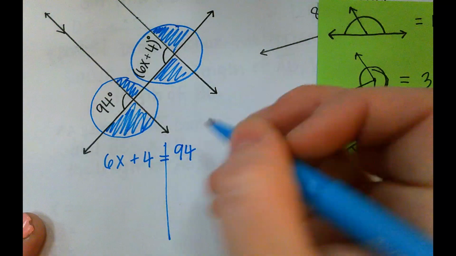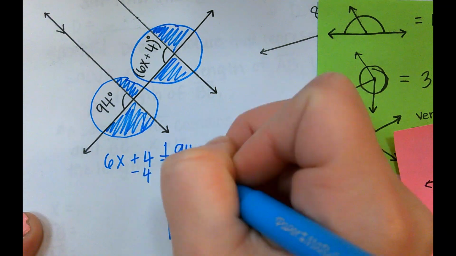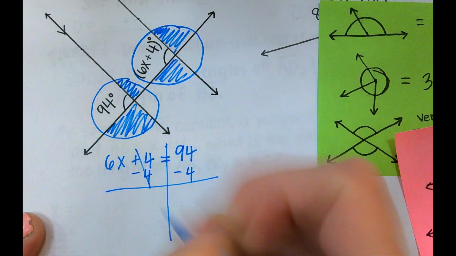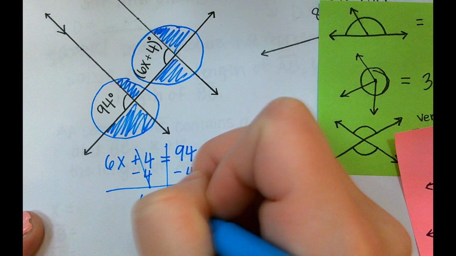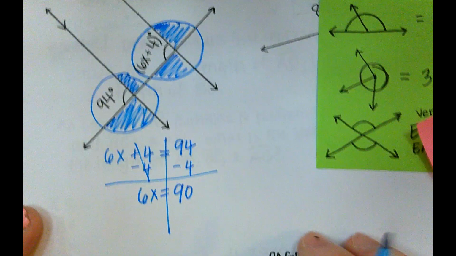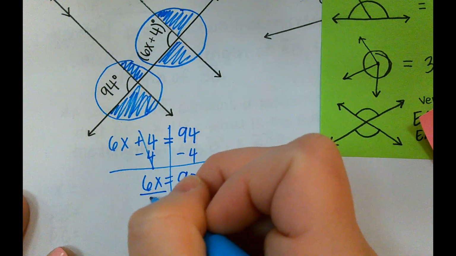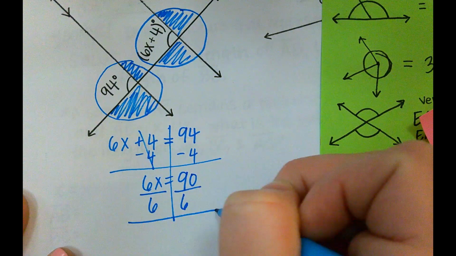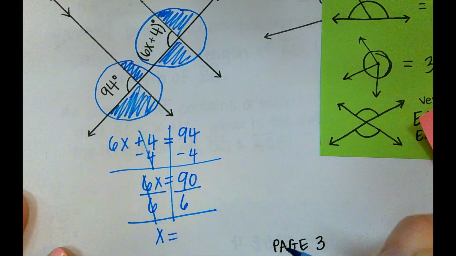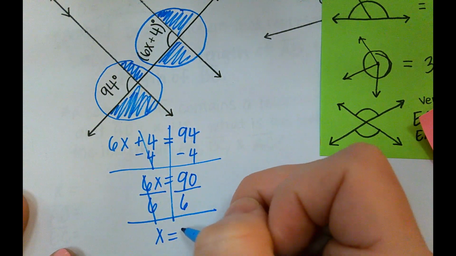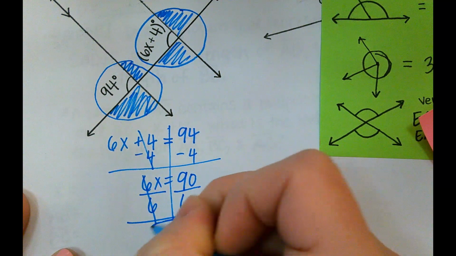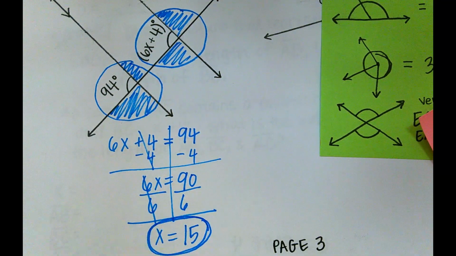You subtract 4 on both sides. Bring down 6x equals 90. Divide by 6. X equals 15. Good. Okay, that is number 10. X equals 15. Very good.